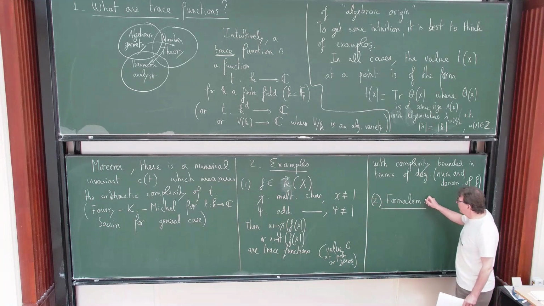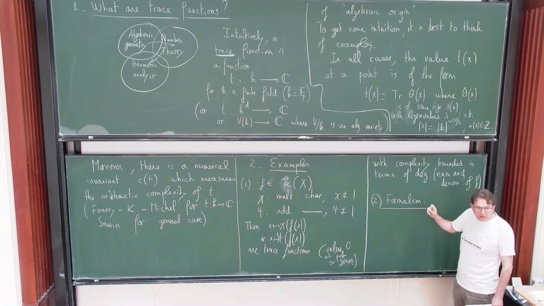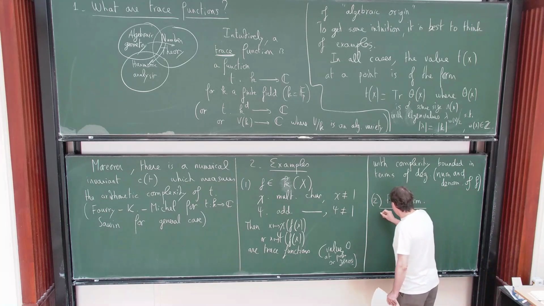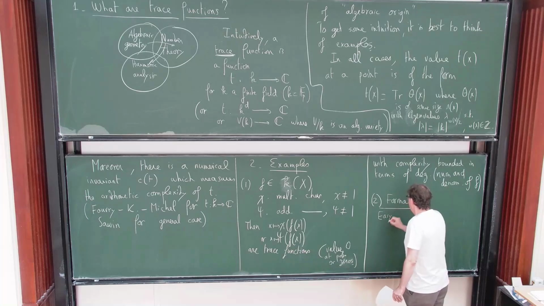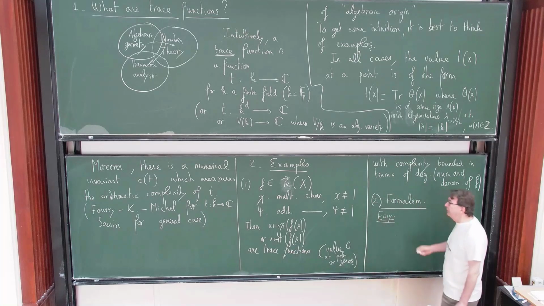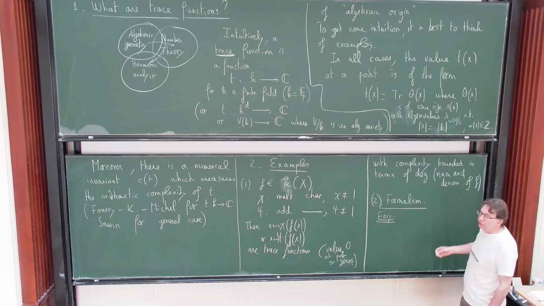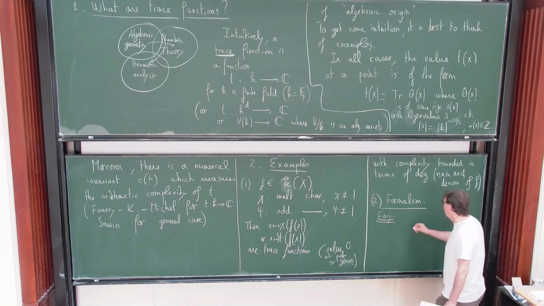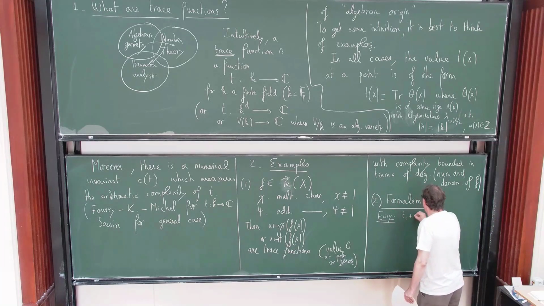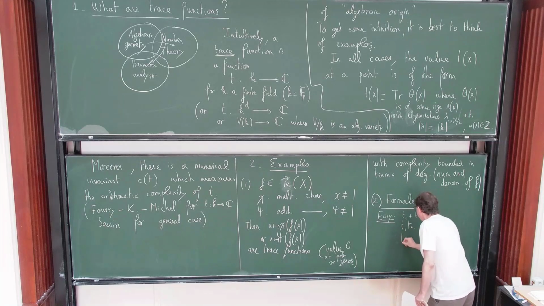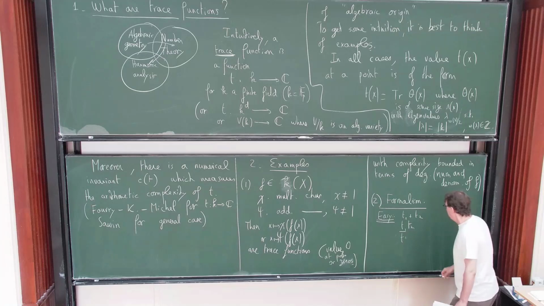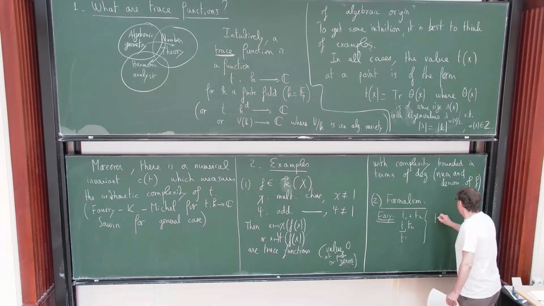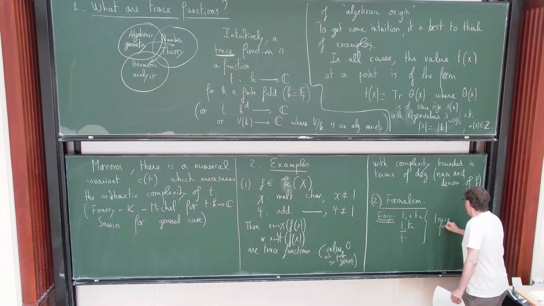Okay, so formalism, there are two parts. There's the easy and there's the complicated one. The easy formalism, which really follows as soon as one knows the definitions of trace functions in the appropriate algebraic sense, is that you can sum trace functions, you can take the product, you can take the complex conjugate, and things like this. These are trace functions. And as always, we need to bound the conductors.